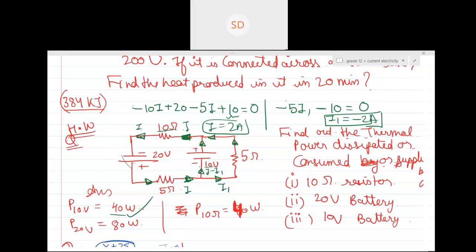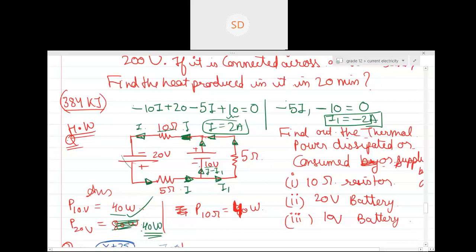This is 20 volt, and I was how much? 2 ampere. So 20 multiplied by 2, it was 40 volt. It was 40.